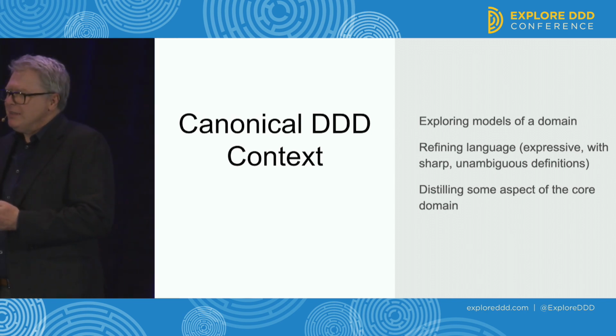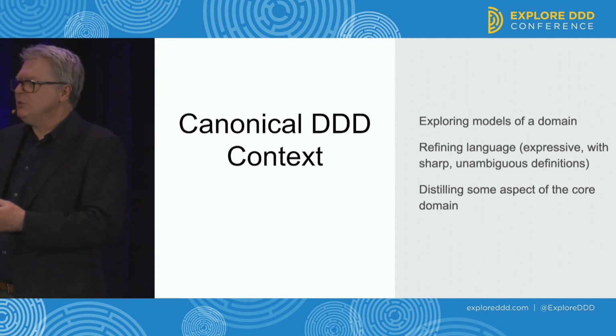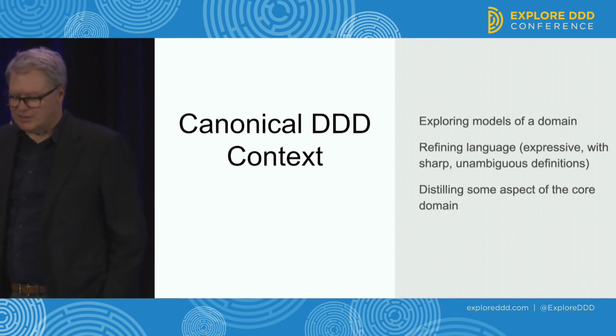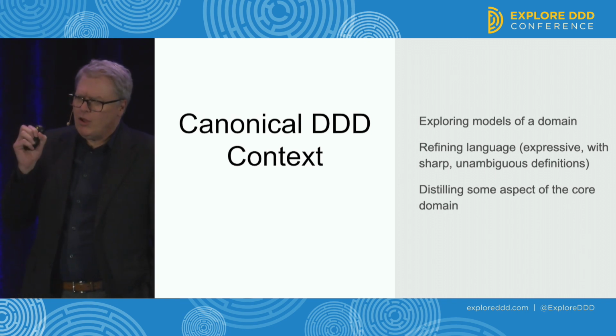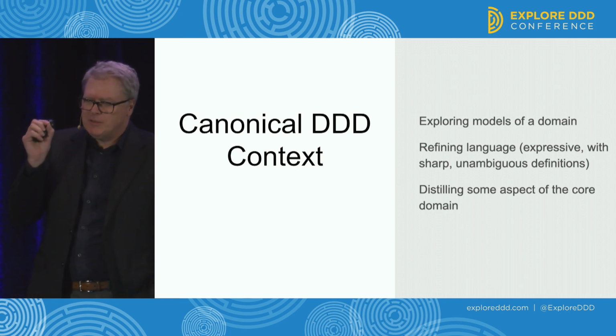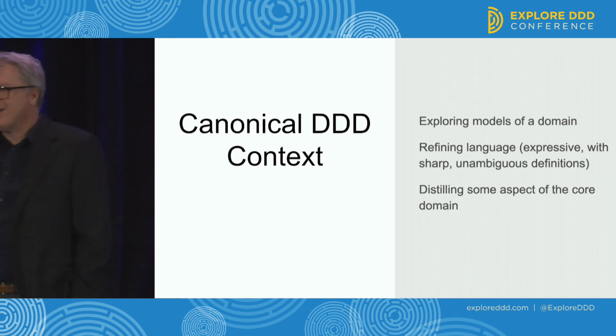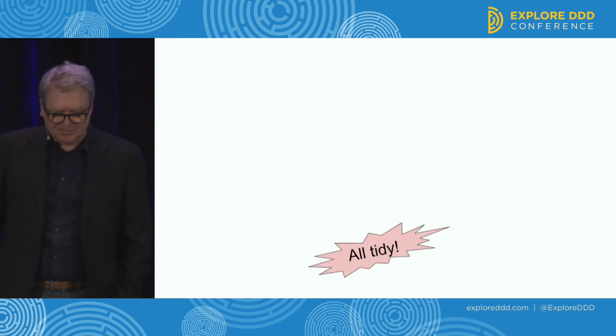That was the sort of the DDD way of doing design for business logic. And hopefully within that, we were going to distill some really high value, strategically valuable piece of a business.